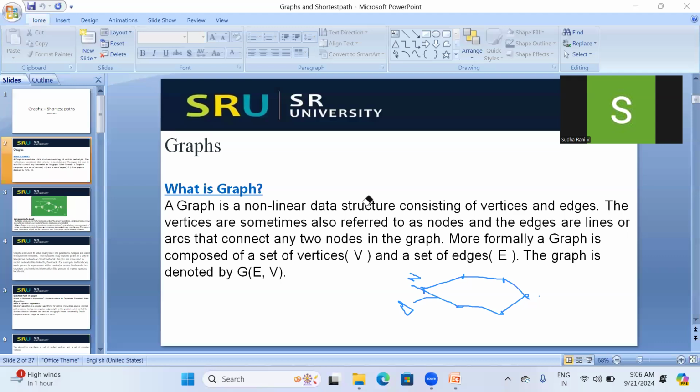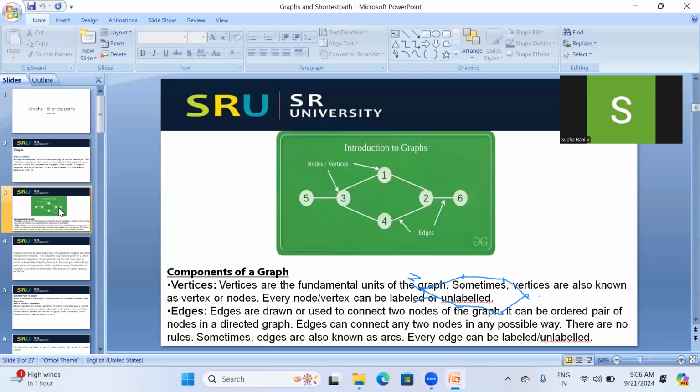Okay. So a graph consists of the nodes or the vertices and the edges. Here, this is the complete picture of a graph, where the graph is having the nodes from 1 to 6, and it is having the edges.